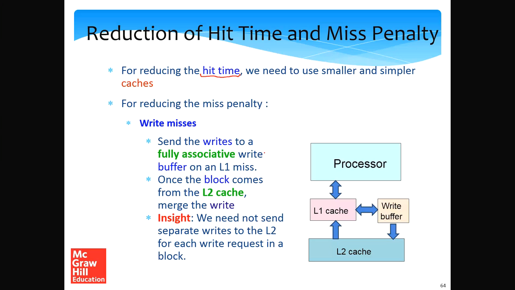The write buffer need not be after the L1, it can be between the processor and L1 as well. It does not matter, the concept is the same. So we send the writes to a fully associative write buffer on an L1 miss. And this essentially contains multiple blocks.